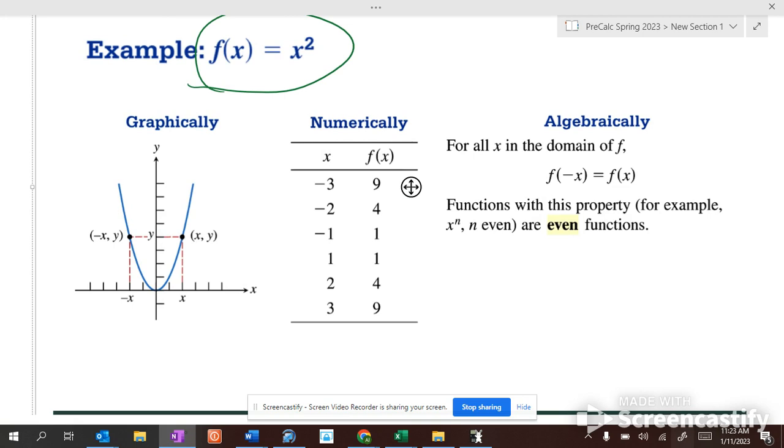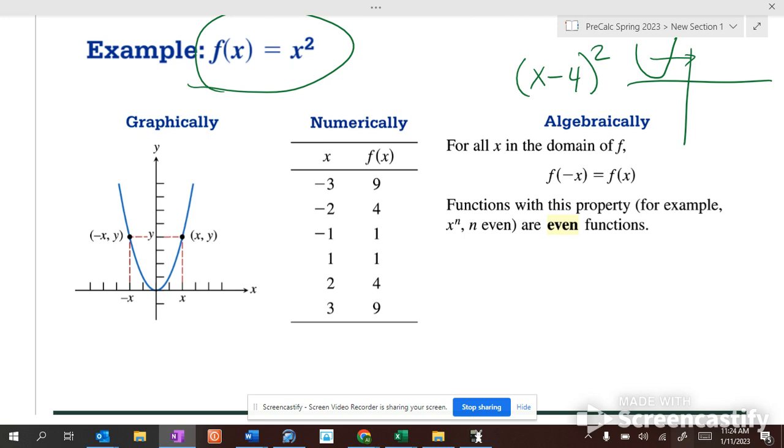Now, if we had x minus 4 quantity squared, that one's over here. It's still symmetrical with the y-axis. It's just moved over from the y-axis.